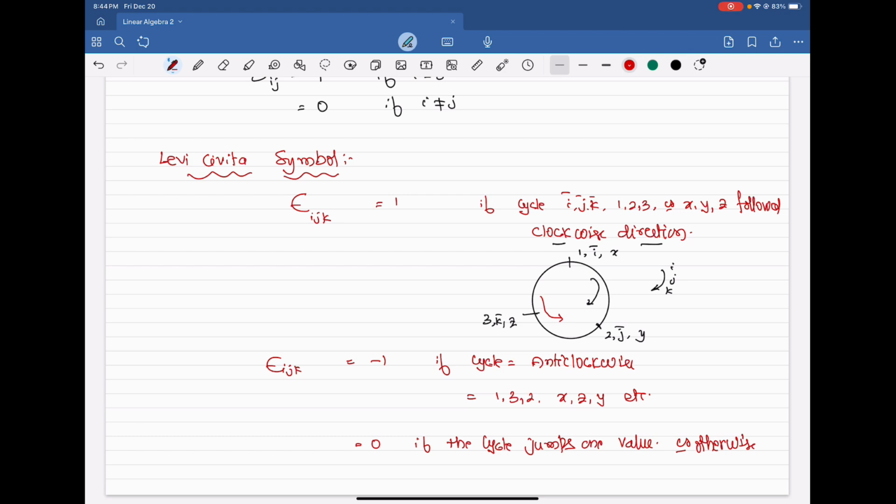Instead of 1, 2, 3 in the clockwise direction, if you have 1, 3, 2, then that is anti-clockwise. If there is a jump, if there is a repetition of the number, then this value is 0.